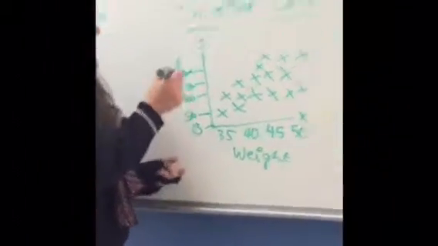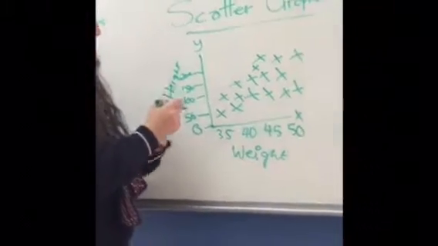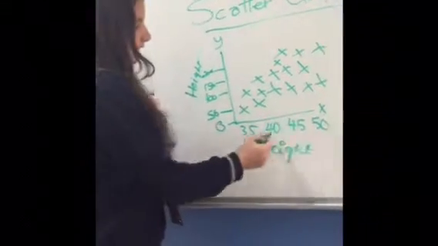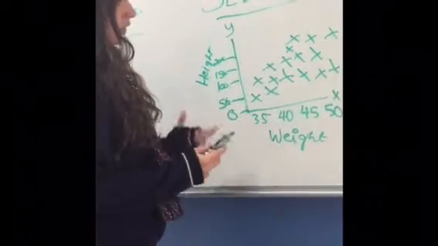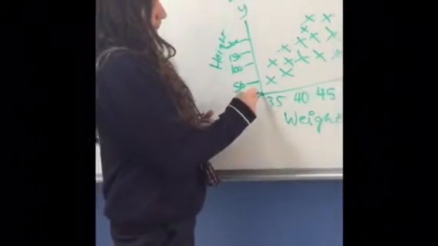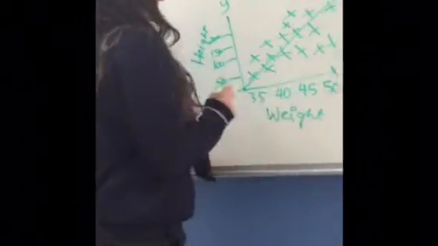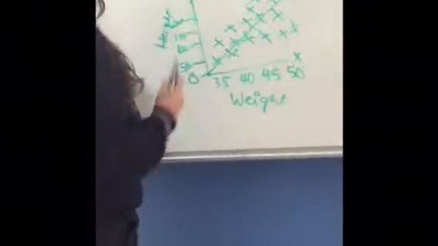So scatter graphs, this is the weight and this is the height. The correlation is positive because the points go that way, they're not going this way.